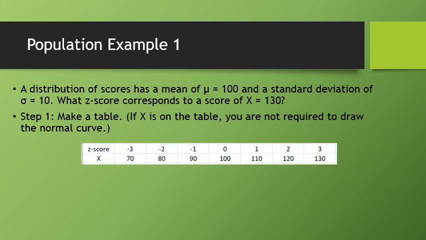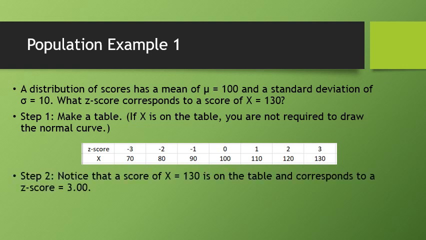So here's my table. I listed the z-scores from -3 to +3. I put the mean of 100 in the middle, right below 0. And then because the standard deviation was 10, I counted by tens in order to fill out the rest of the x numbers on my chart. So my question says, what z-score corresponds to a score of x equals 130?